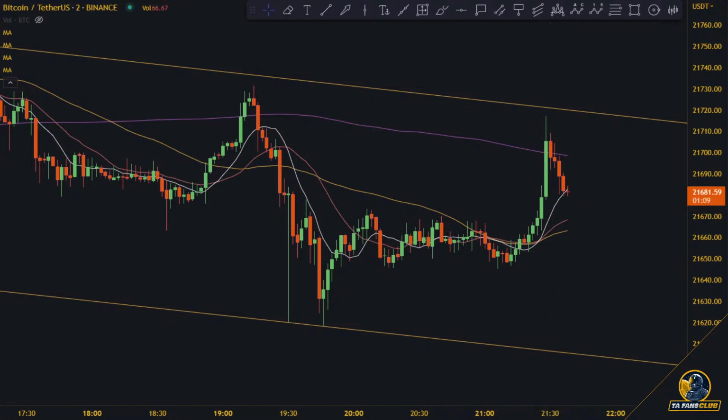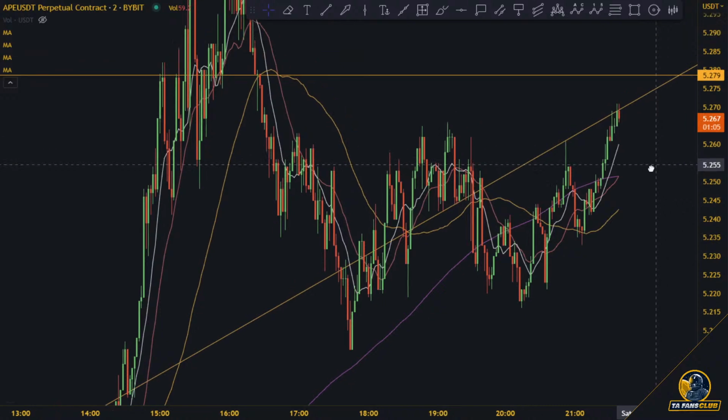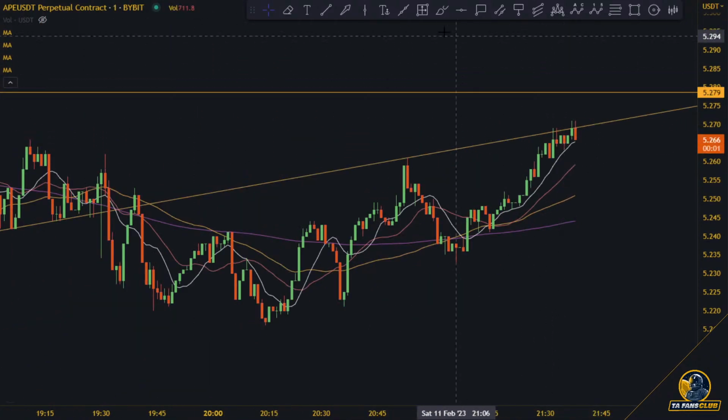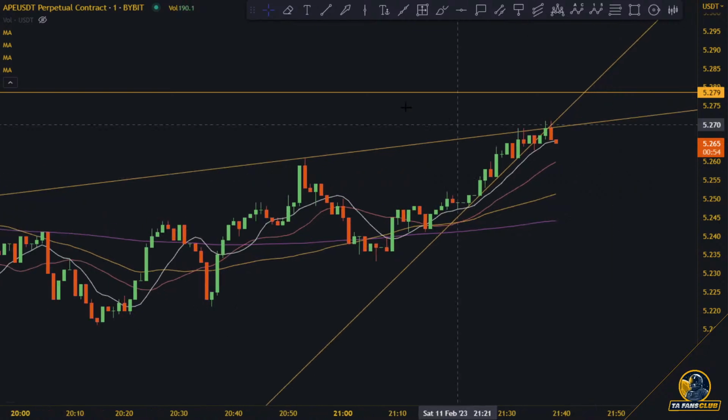It went a little bit fast towards the upside up here. And this thing over here is not dropping actually. Maybe it is.